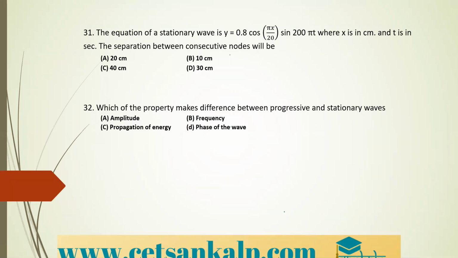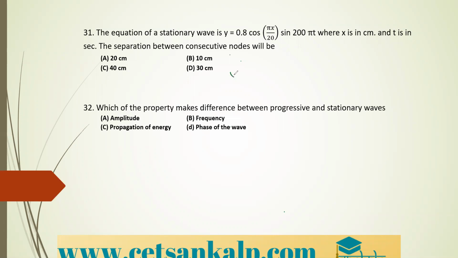Again we can compare the given equation with the standard equation and simplify like the previous one. You need to calculate the distance between two nodes. The distance between two nodes is given by lambda by 2. Between two antinodes, it is lambda. Between two nodes, it is lambda divided by 2.